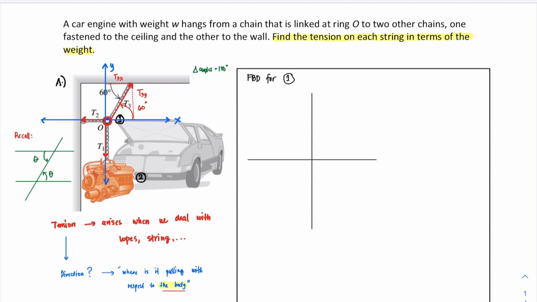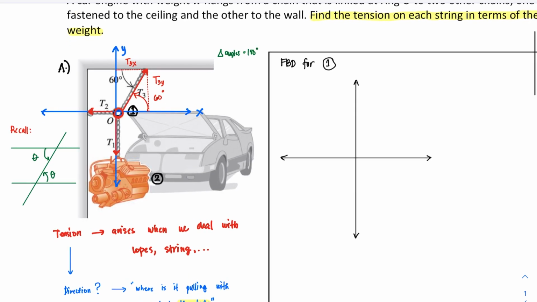Kaya mao ganing gitawag pod siya free body diagram, kay wala na kay makita na physical body, only the forces that act on the body. So in this case, this is how I am going to write that one. I will start with tension 3, which I will illustrate in red, at angle 60 degrees.